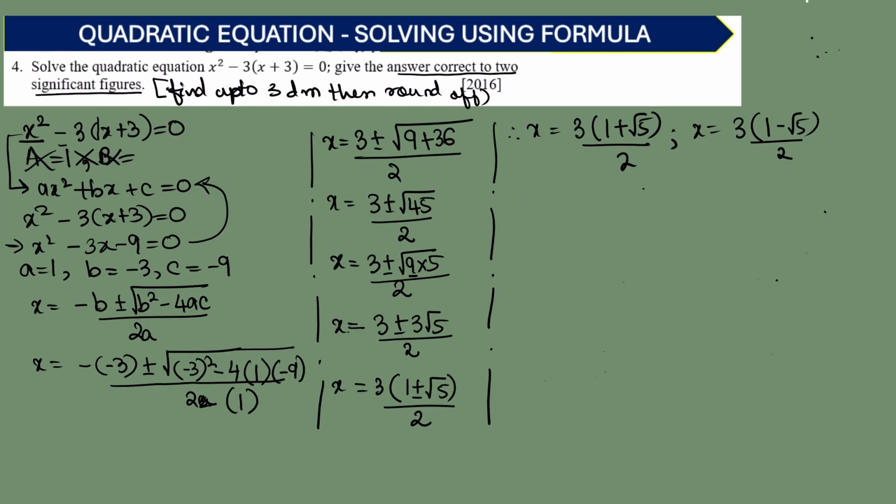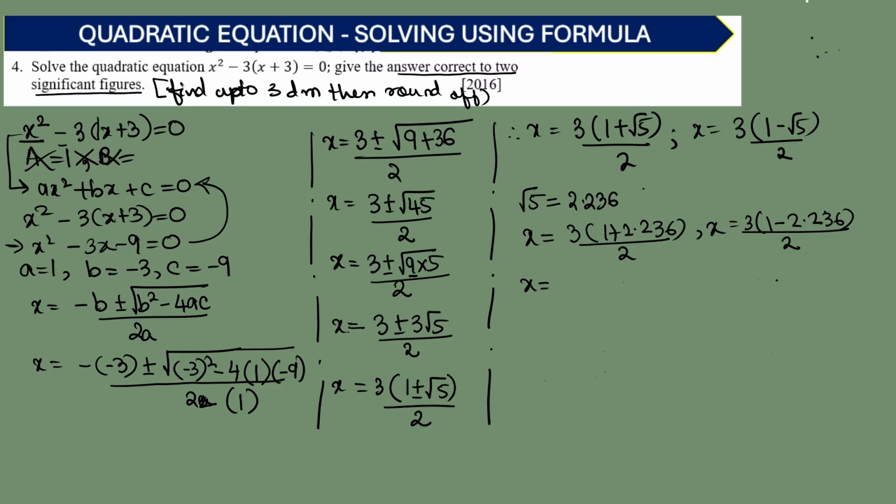Now we have to find the value of root 5. The value of root 5 is equal to 2.236. So what is the value of x? x is equal to 3 into 1 plus 2.236 upon 2, or x is equal to 3 into 1 minus 2.236 upon 2.